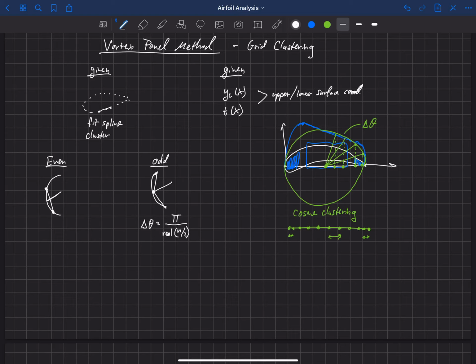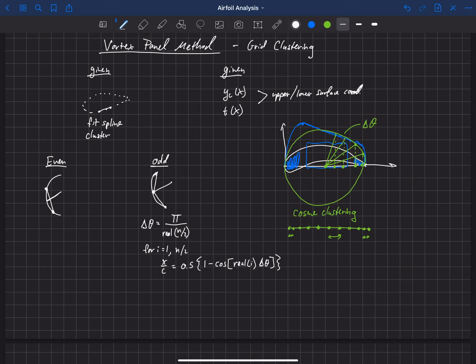So then we would say for I equals 1 to n over 2, then our x over c, or percent chord, is equal to 0.5 times 1 minus cosine of I, which we need to be changed into a real number, it's an integer, times delta theta.